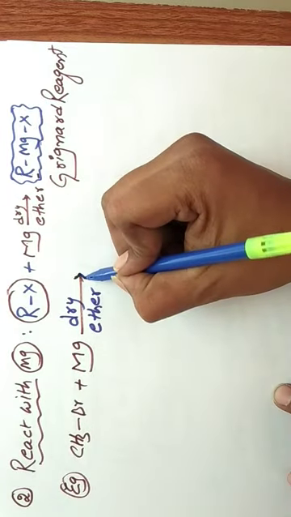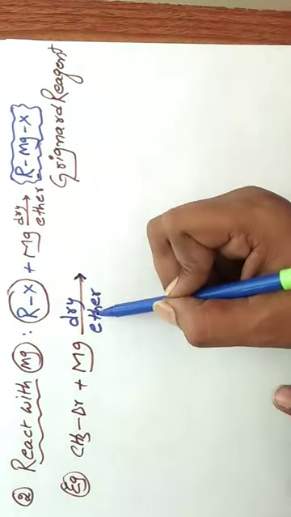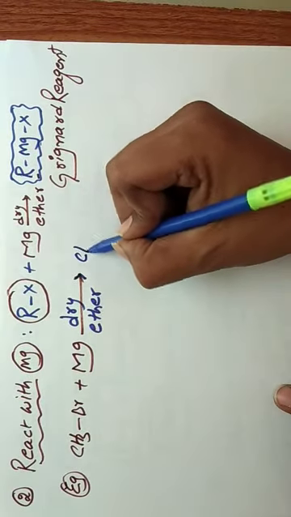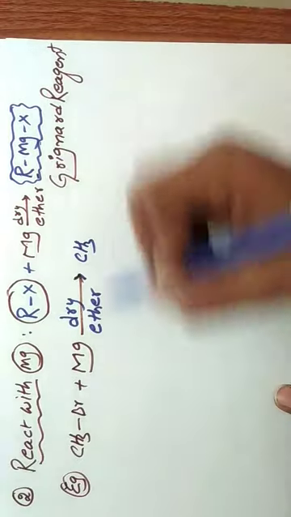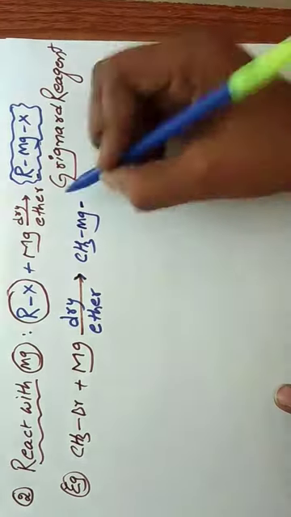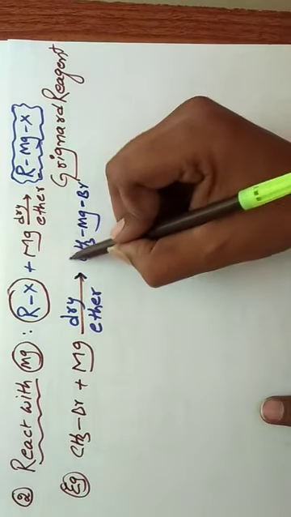What type of product can we expect? According to this general reaction, it is one type of addition reaction: CH3, the alkyl group, bond magnesium, bond Br.